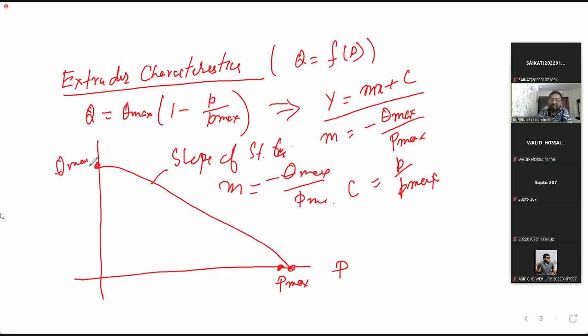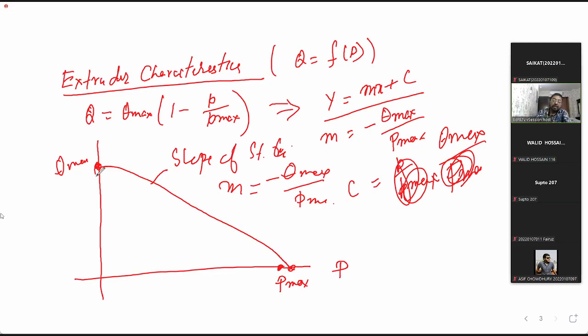As it is minus, it is the reduction side, and c will be equal to Q maximum. So it is our Q maximum from here. If you convert it, you will get this value.